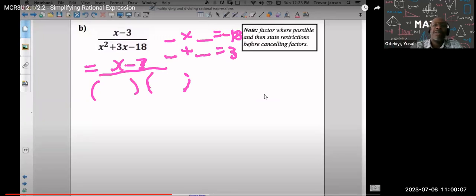If I plug in minus 3 and 6 in there, minus 3 and 6 multiplies to give you minus 18. And 6 and minus 3 added together gives you 3.